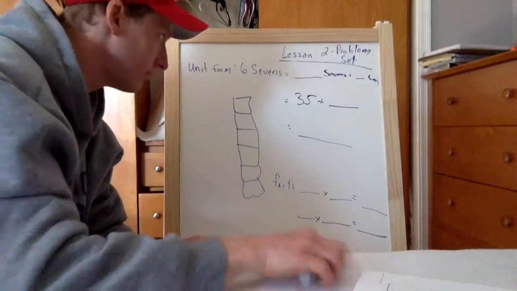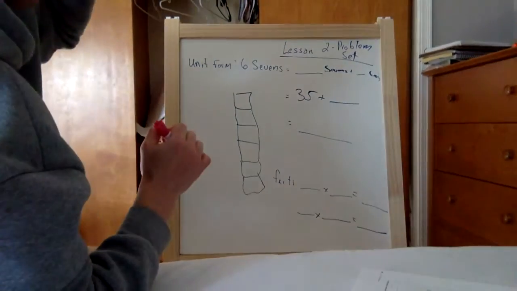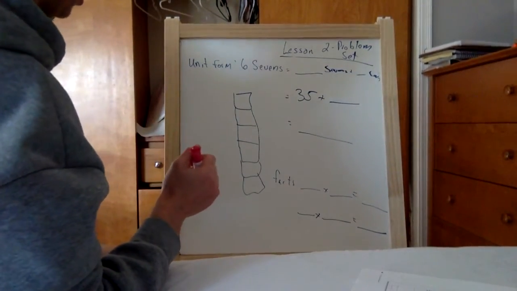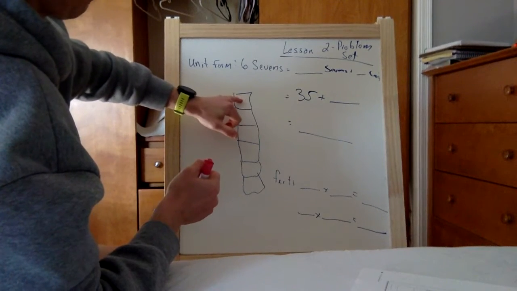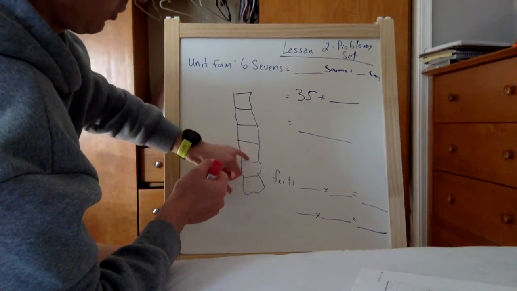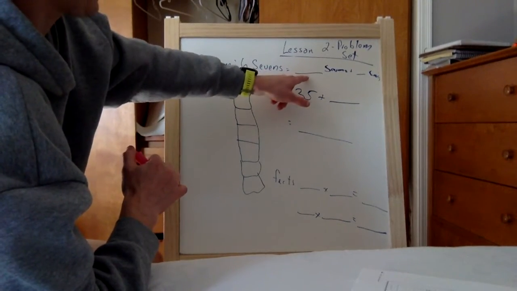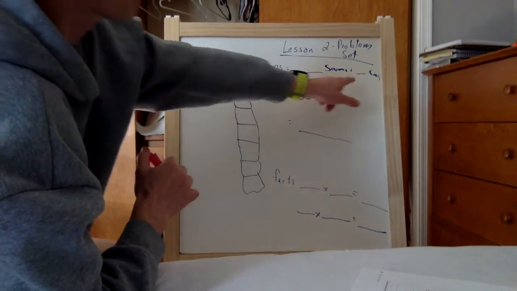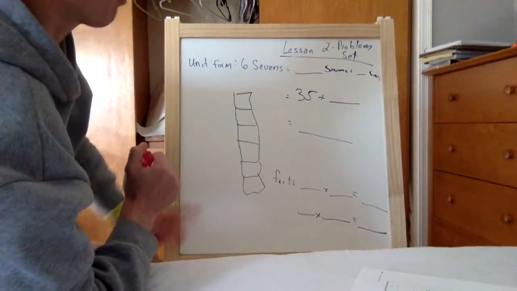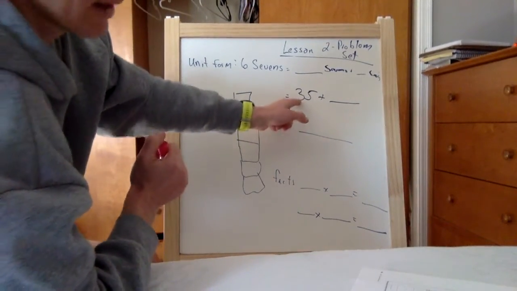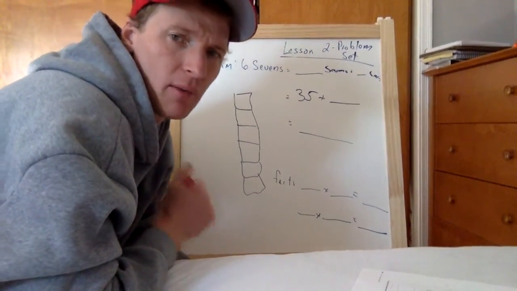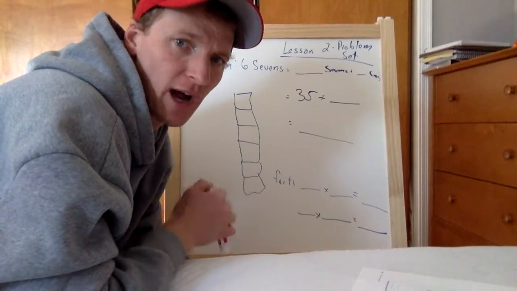Okay? So first, let's do unit form. This is showing us 6 sevens. 1, 2, 3, 4, 5, 6. We have to add up a group of 7 plus another, whatever amount of group of 7. But we know that the answer's got to be 35. So how many 7s equal 35 to start with?